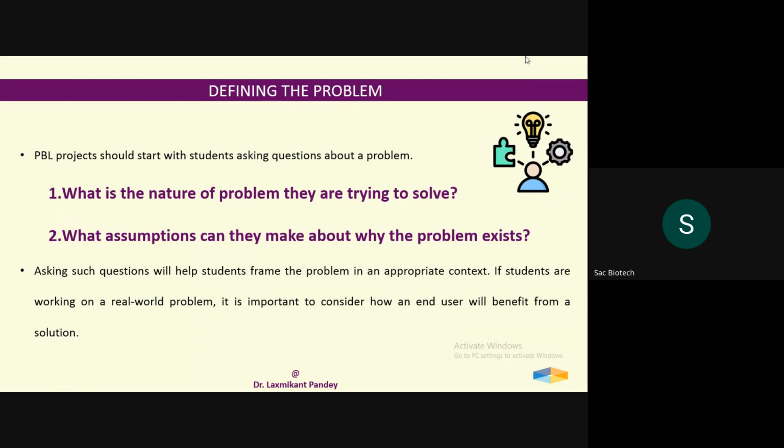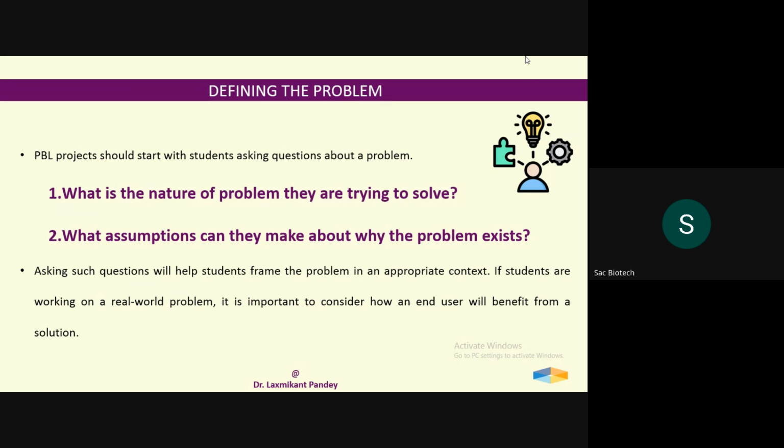In that case, he can ask certain questions, and on the basis of those questions, he can come up with a very good problem. Those problems are user friendly, and end users can benefit if we solve or tackle those problems. If it is useful or beneficial for the end users, it's definitely a good problem.